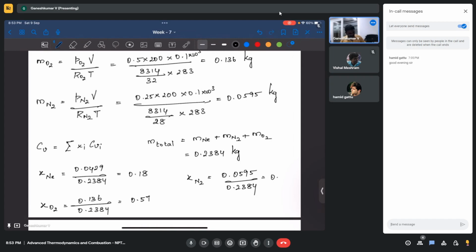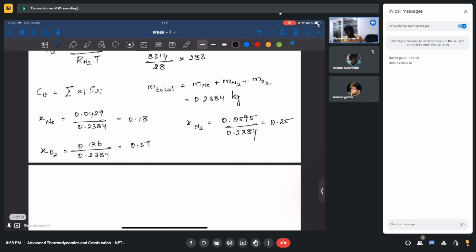So is that 0.25? Yeah, 0.25. We found the mass fractions.